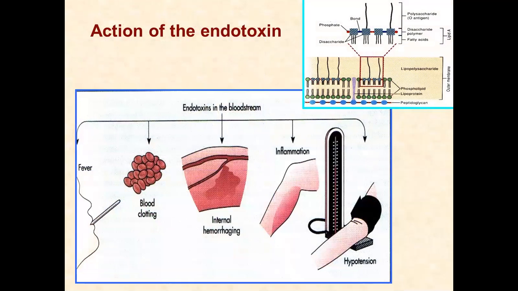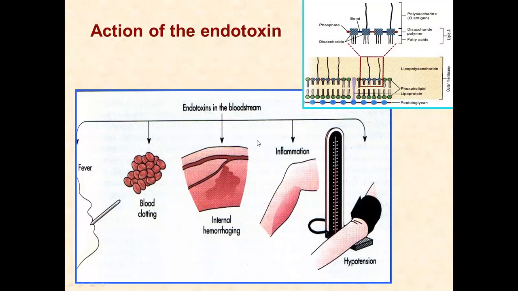Endotoxins have a similar action, and it's not dependent on the species of bacteria. And here you see the chemical structure of this toxin. It's a part of the outer membrane of the gram-negative cell wall. The common symptoms caused by endotoxins are fever, maybe blood clotting, and hemorrhages in small blood vessels, inflammation, and hypotension.